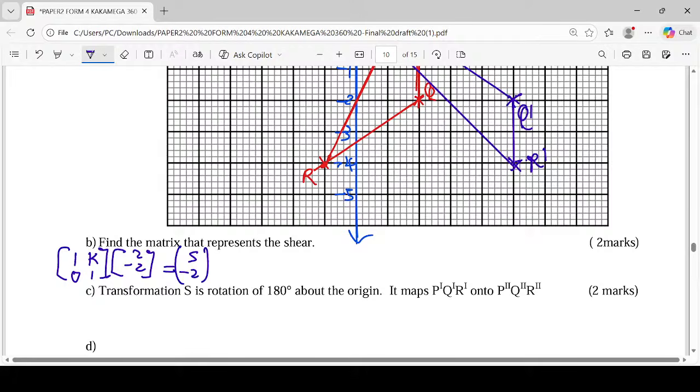This means the value of K is negative 1.5. Therefore, our shear will be 1, 0, negative 1.5, 1. That's how you get that particular question.